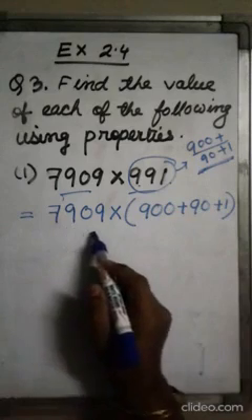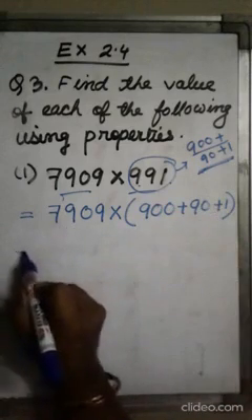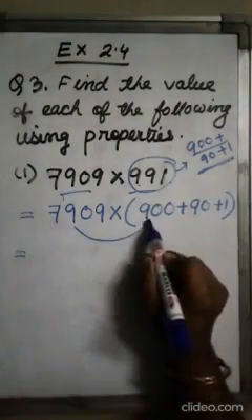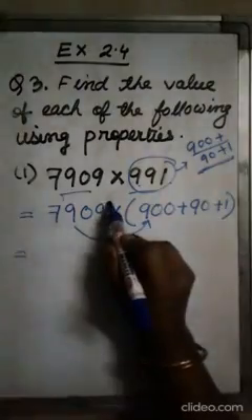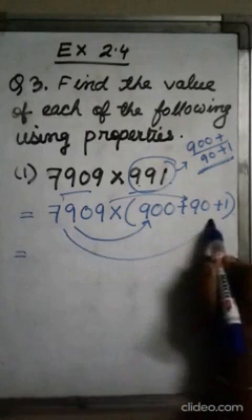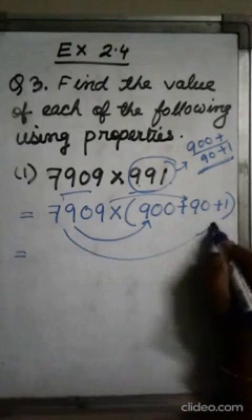Now you will be using the distributive property, equal to this into this, then this into this, again this into the number 1.